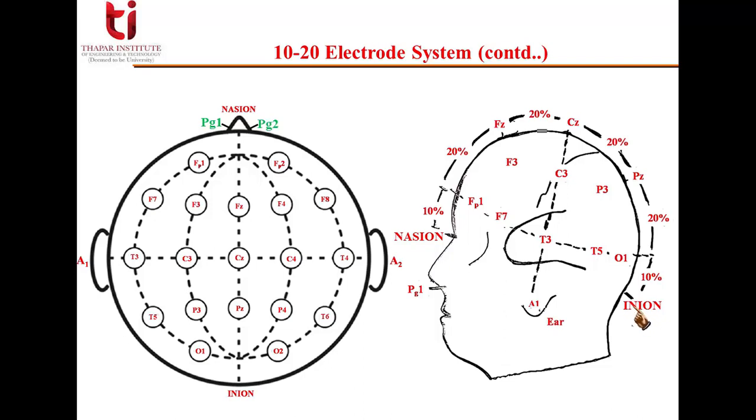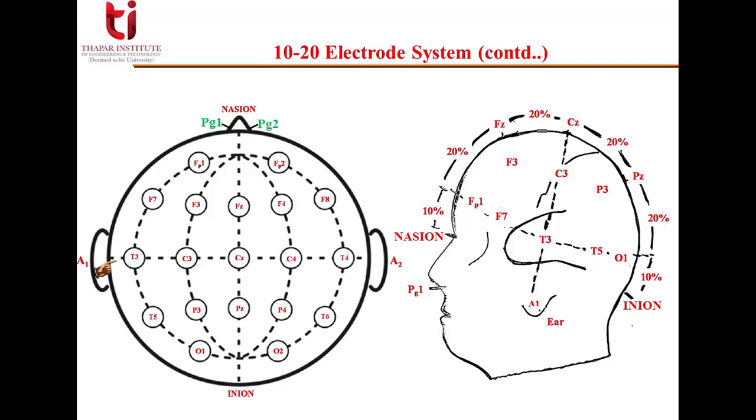Marks for the Z electrodes are made between these points along the midline at intervals of 10%, 20%, 20%, 20%, 20%, and 10%. The T3, C3, CZ, C4, and T4 electrodes are placed at marks made at intervals of 10%, 20%, 20%, 20%, 20%, and 10% respectively, measured across the top of the head.